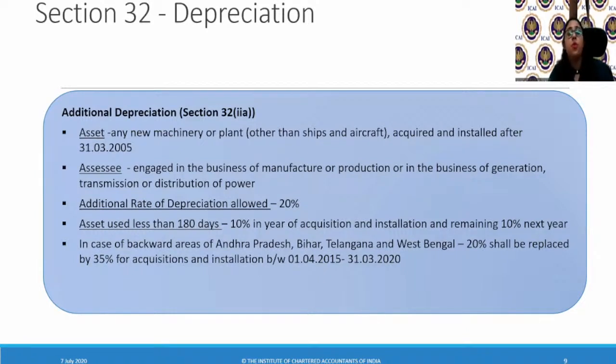It is only allowed on plant and machinery acquired and installed in the manufacturing business, or for assessees who are into the business of generation, transmission and distribution of power. Additional depreciation has a fixed rate, which is 20%.